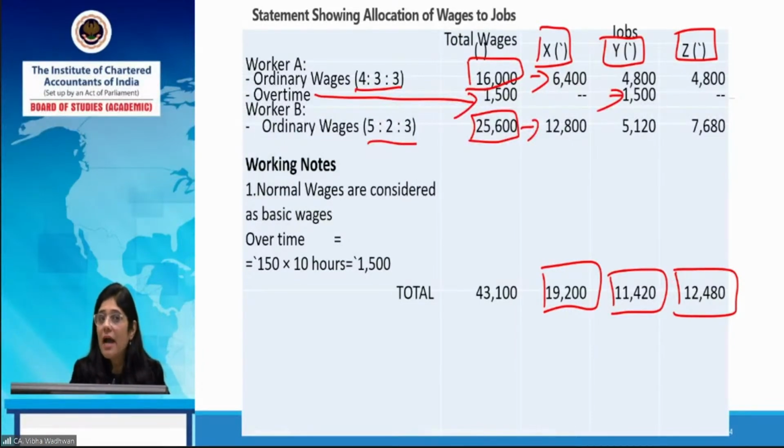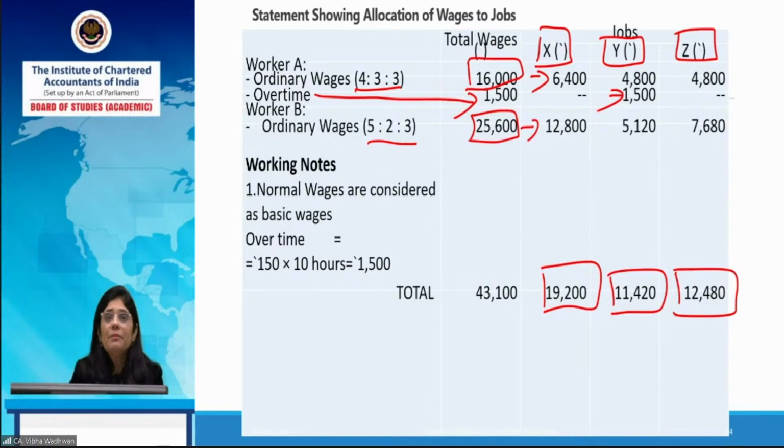We are doing only direct cost right now. Direct cost is directly allocated. See, worker A is directly working on jobs X, Y, Z. Worker B is directly working. So we know exactly how much they have worked. Clear? So this is the apportion allocation of direct labor cost.